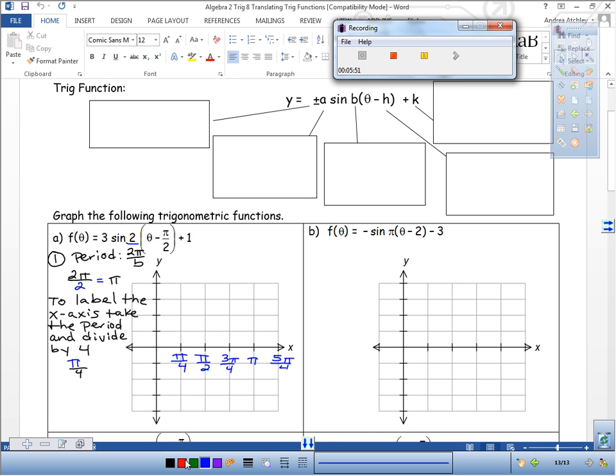Okay. We then go with the amplitude. So we count 1, 2, 3, and -1, -2, -3, and we should probably do -4 and 4 as well.